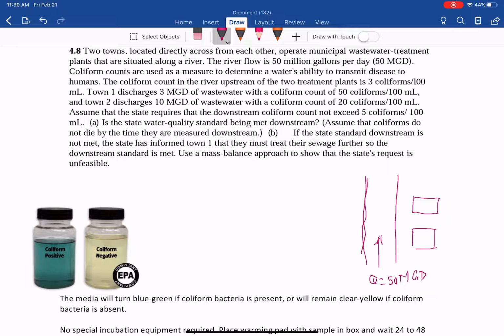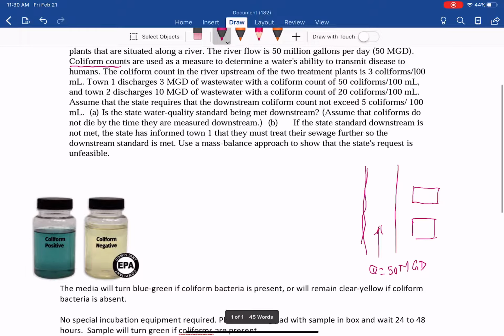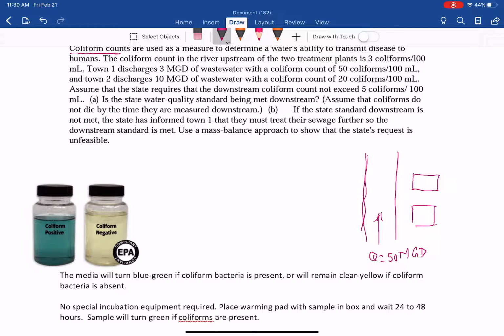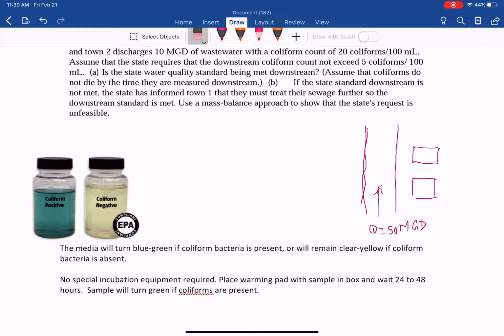Coliform count. What is coliform count? Coliform count is a test we do for drinking water. It indicates that there are disease-causing organisms, like pathogens. So, how do we do it? We take a sample of the river water or the groundwater or any fresh water before drinking, and we put in the media. Look at this.